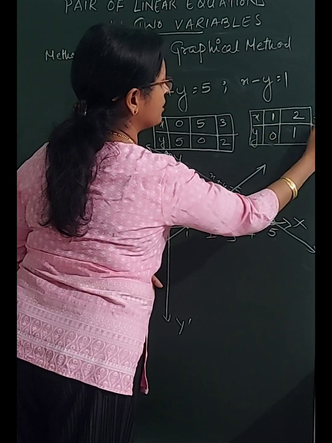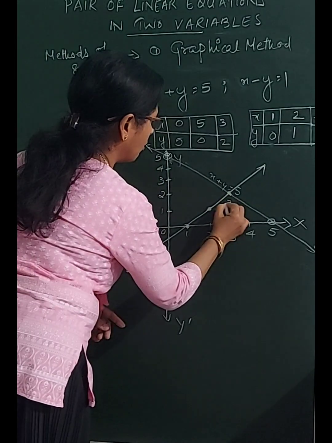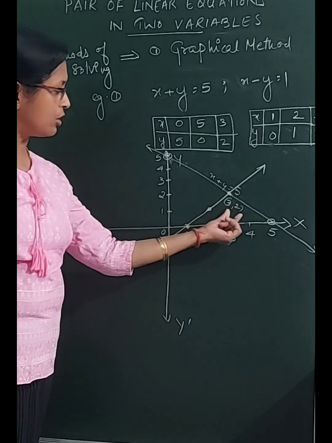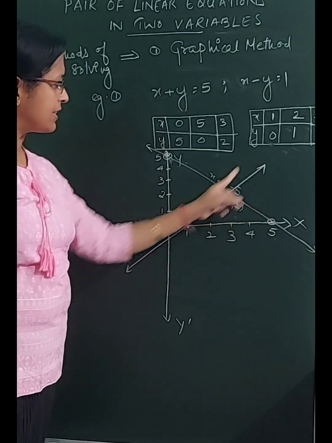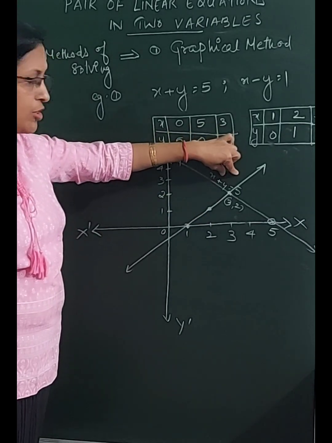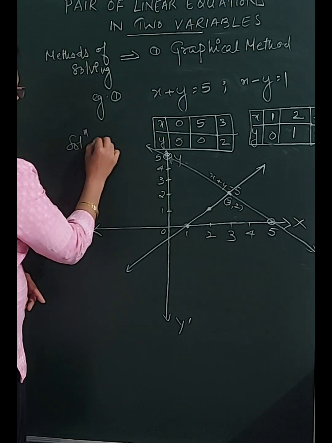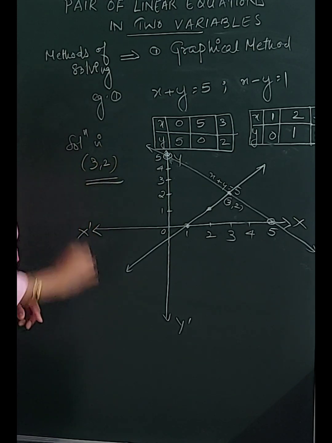So (3, 2) is a point lying on both the equations, which means the simultaneous solution of these two equations is (3, 2). So by drawing the graph, we have seen that the lines intersect at a single point, which means the lines have a unique solution. x is equal to 3, y is equal to 2 is the solution.